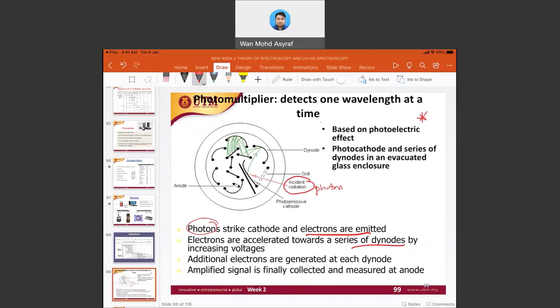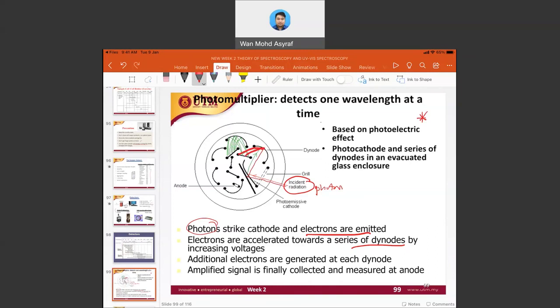It bumps into the first diode, which creates two electrons. These two electrons will become 4, 4 will become 8. Every time it hits a diode, it will double. This is how you increase your detection intensity by using a photomultiplier tube.